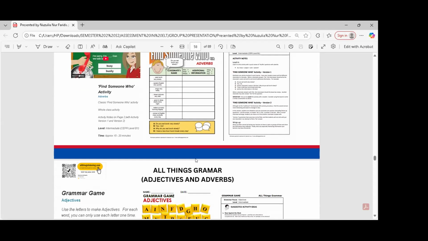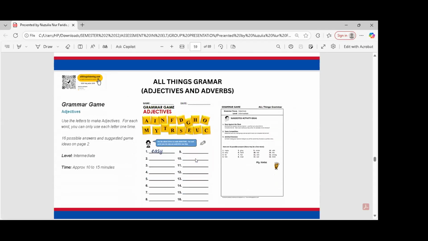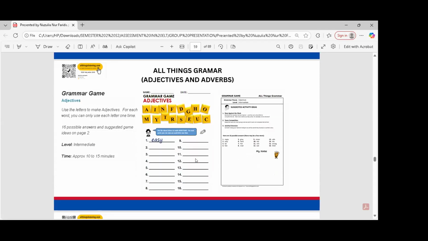Yeah, the next is also about the grammar concepts of adjectives and adverbs. So this is called a grammar game. Students use several letters to make an adjective for each word. For example, the first example is the word easy.